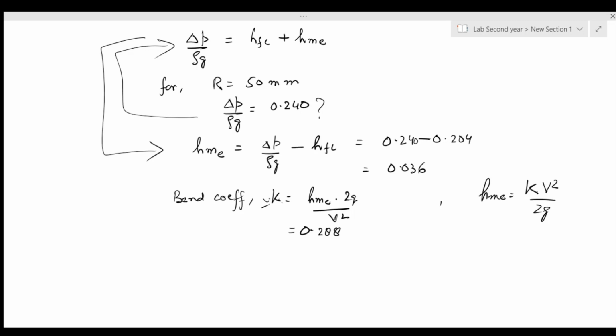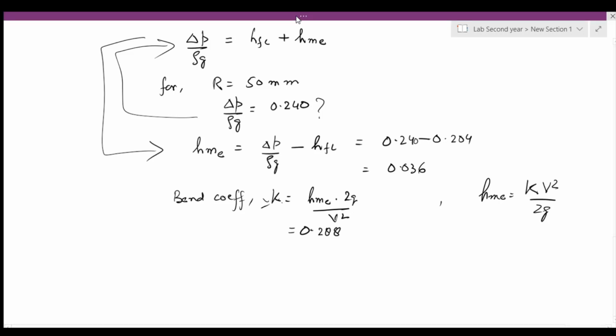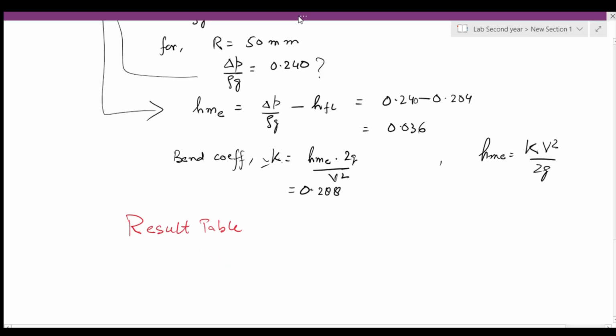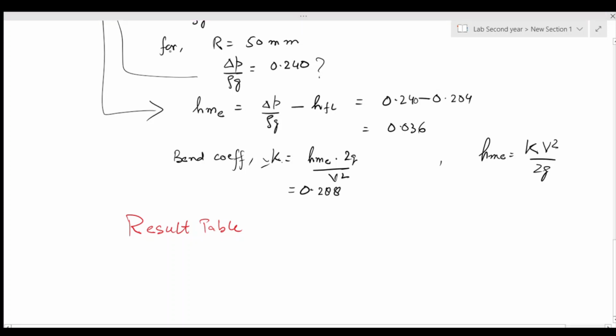Now after my sample calculation I need to make my result table. So let's talk about that. Serial number, velocity of flow in pipe, that would be different.